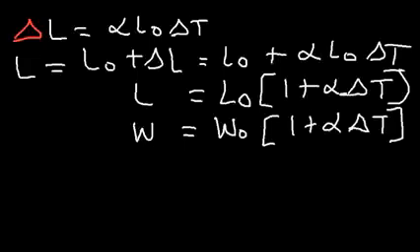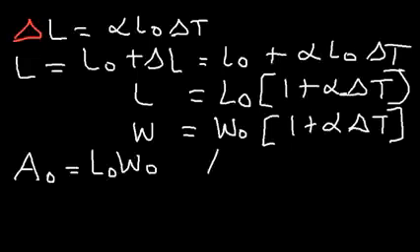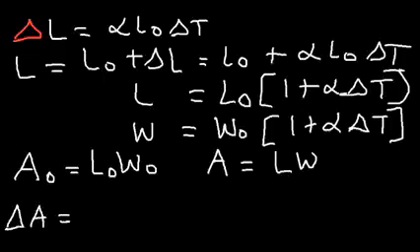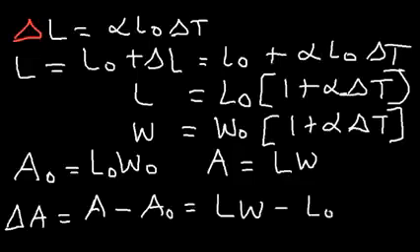Now, the original area is the original length times the original width. The new area is the new L times the new width. So therefore, the change in area is the difference between the new area and the original area, which is LW minus L0 W0.